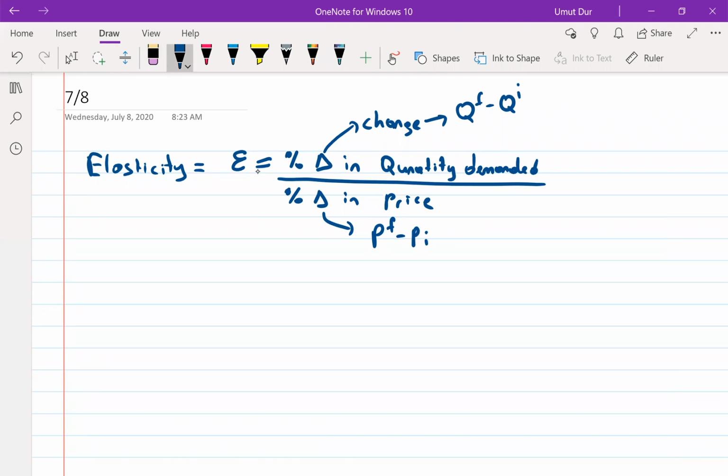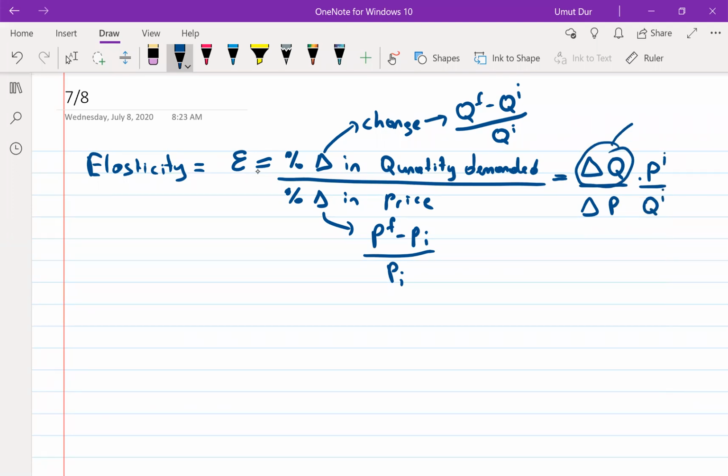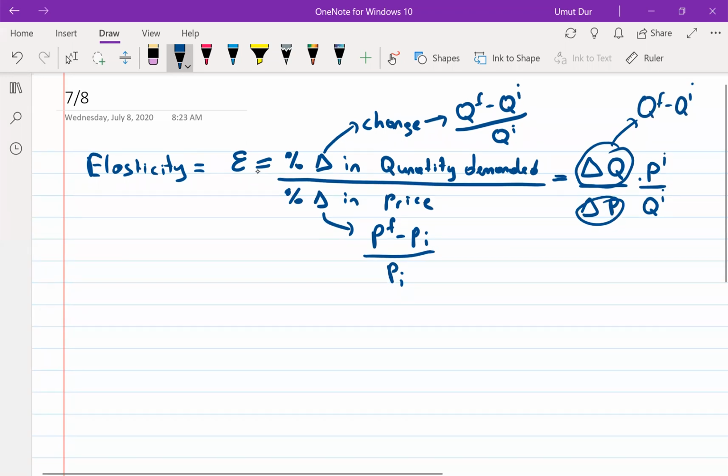The percentage comes from dividing by price initial and quantity initial. If you do the math, it will be delta Q over delta P times P initial divided by Q initial. This is the QF minus QI, and this is PF minus PI.